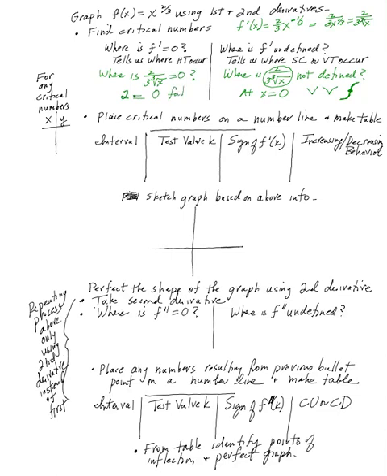So we get this false, absurd statement that 2 equals 0. That tells us that there are no critical numbers here. So there are no horizontal tangents. The graph never flattens out horizontally.